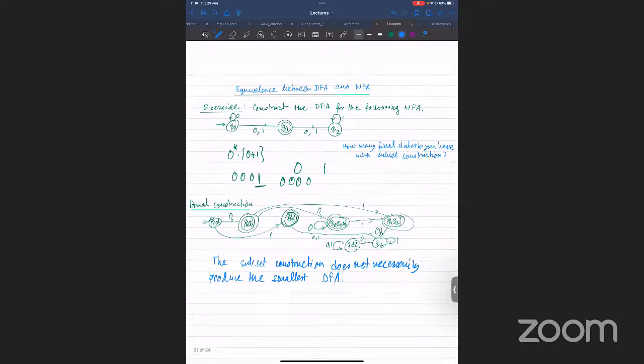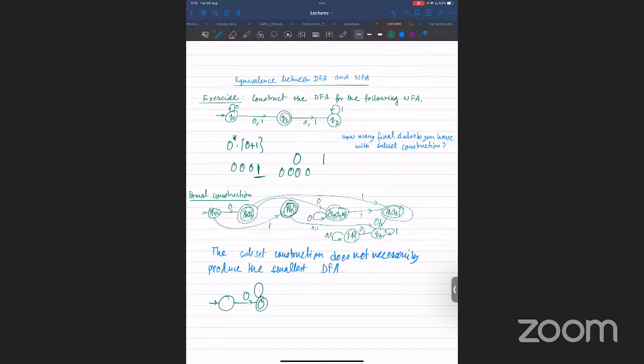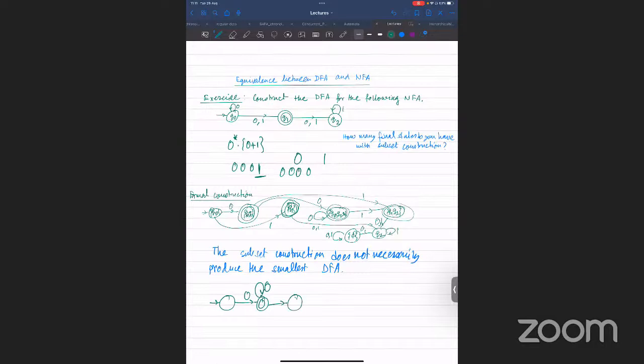I'll just tell you what you can do. If you follow your natural instincts to construct a DFA corresponding to this, it is going to accept a 0, and then you can have an arbitrary number of zeros, and it's also going to accept a 1 followed by this.